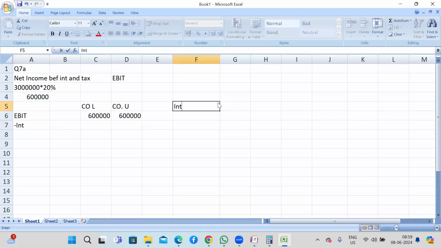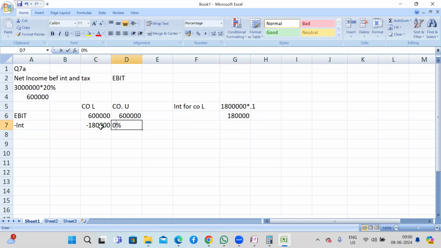So interest for company L is 18 lakhs into 10%, that means 1,80,000. Here it is 0. So my EBT, earnings before tax, is 4,20,000 and 6 lakhs.